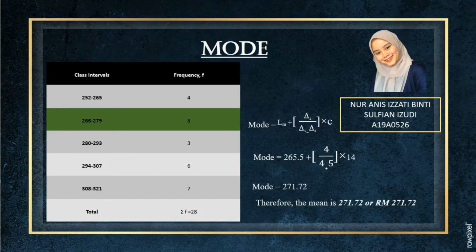After you settle the calculation of Lm, change 1, change 2 and C, you can move to the formula.